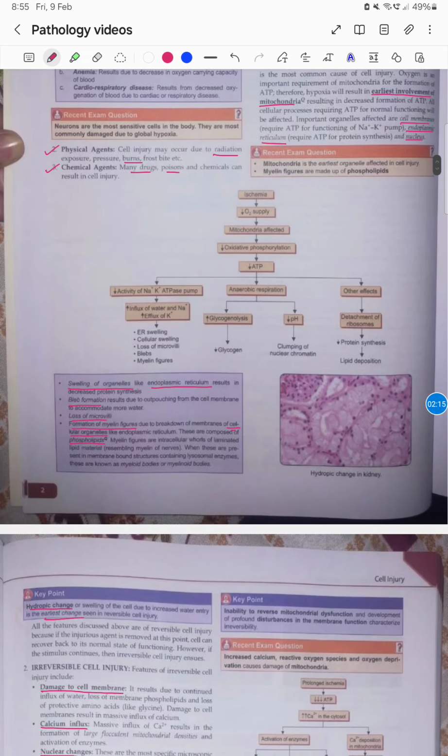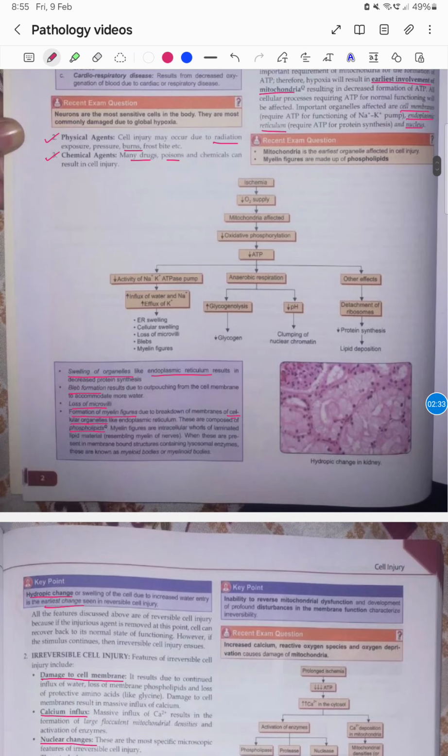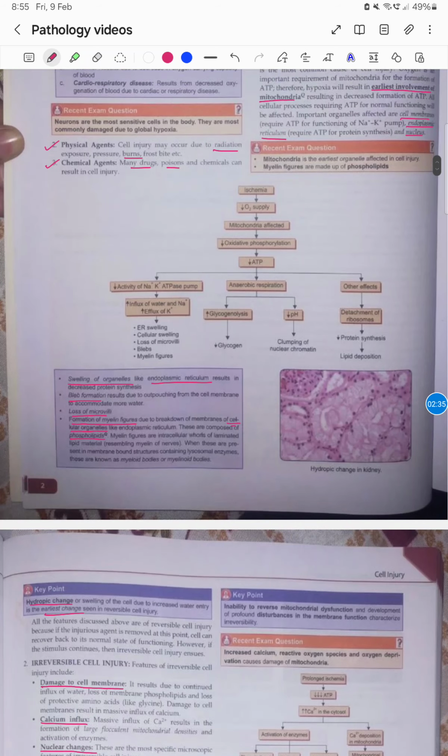Now how it proceeds: due to ischemia, blood supply reduces, that will lead to mitochondrial affection and decreased oxidative phosphorylation, decreased ATP content. Now as the sodium potassium ATPase pump is affected, the organelles which require ATP for their functions are affected.